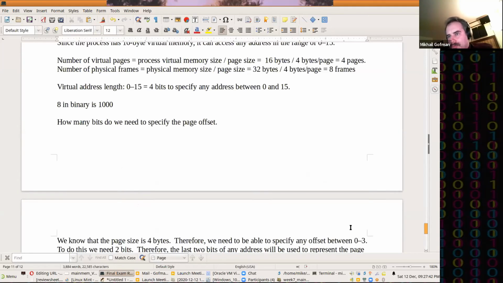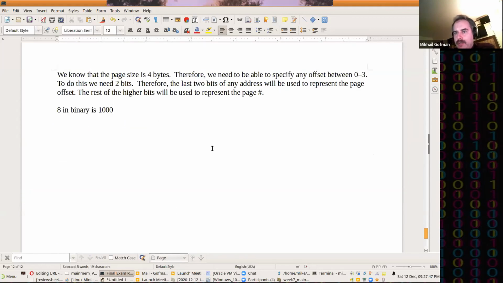As we have figured out before, 8 in binary is 1 0 0 0. So the lower 2 bits, 0 0, equal offset 0. Now, the remaining higher bits, 1 0, are equal to 2, to page number 2.